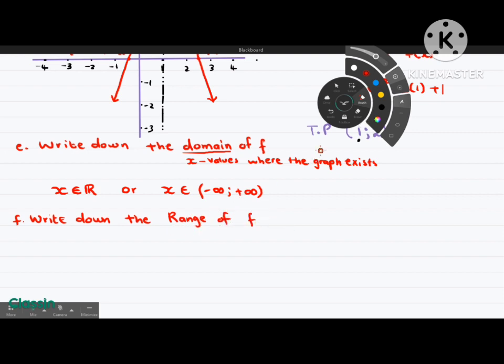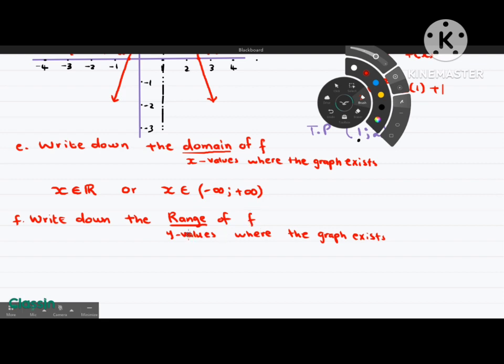And you must know that a range is Y values where the graph exists.